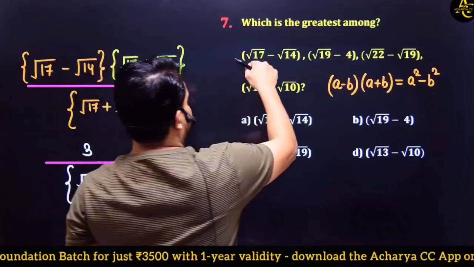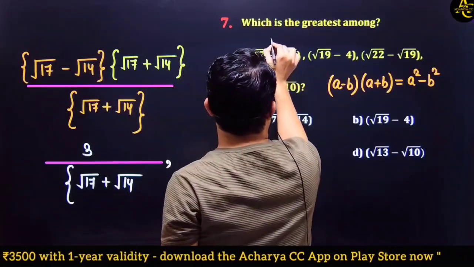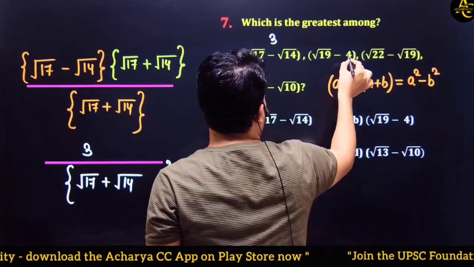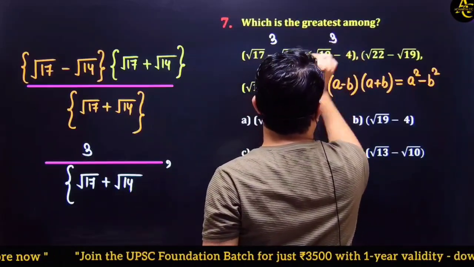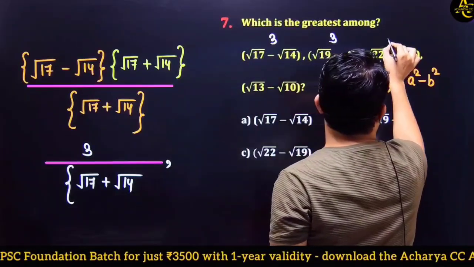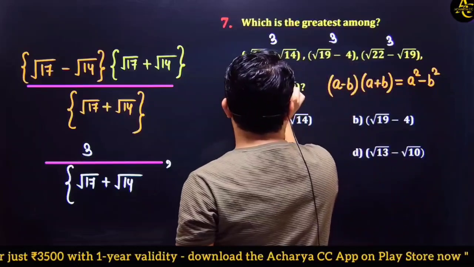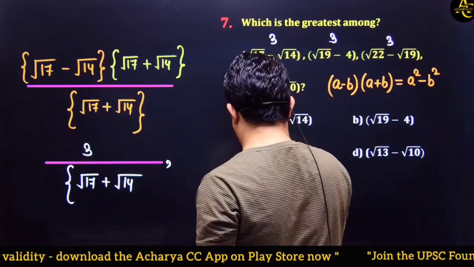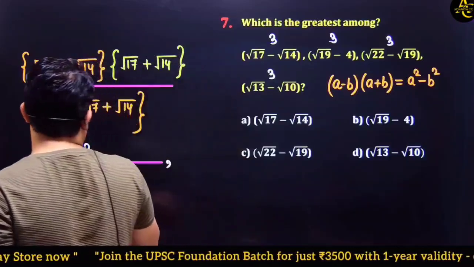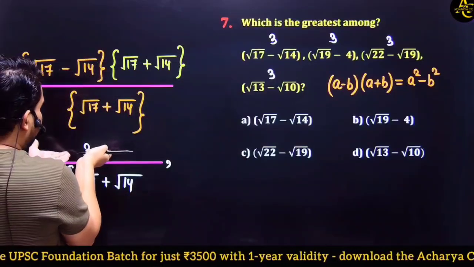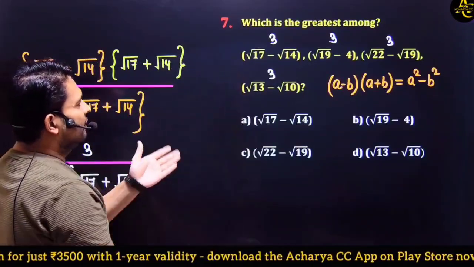Here the difference between these two surds is 3. 4 is nothing but root 16. The difference between these two surds is 3, and also 3 here. So the difference between all these surds is 3, so 3 will come on the numerator side of all of these surds.